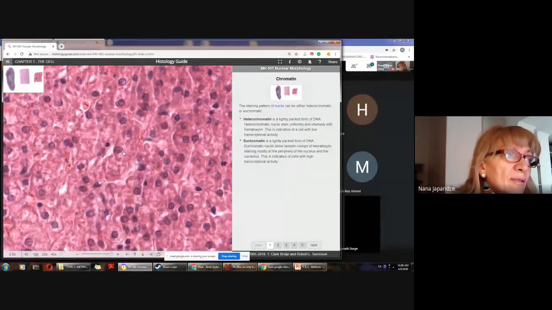This is heterochromatin. But in the middle, you see the much lighter stained part of nucleus, which is euchromatin.